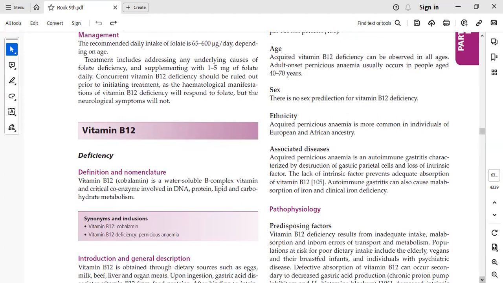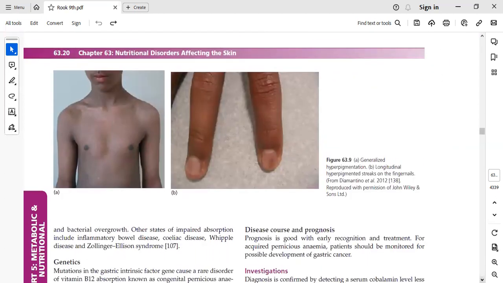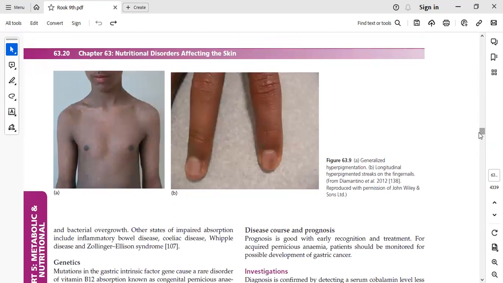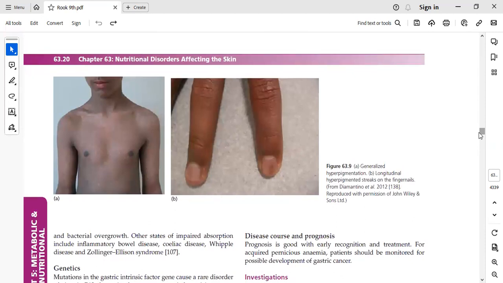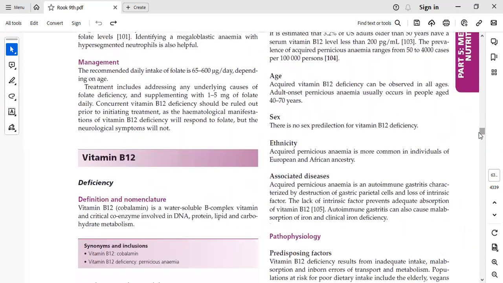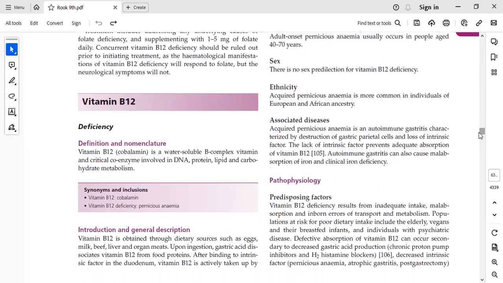Now, the predisposing factors. What are the conditions that predispose to vitamin B12 deficiency? Inadequate intake, malabsorption, and inborn errors of transport and metabolism, mutation in gastric intrinsic factor gene. These are the conditions that predispose towards vitamin B12 deficiency.